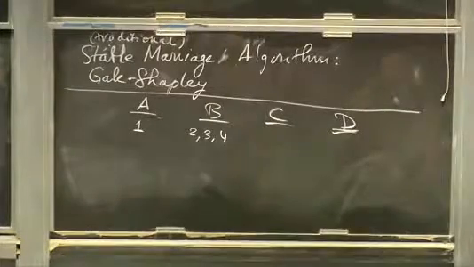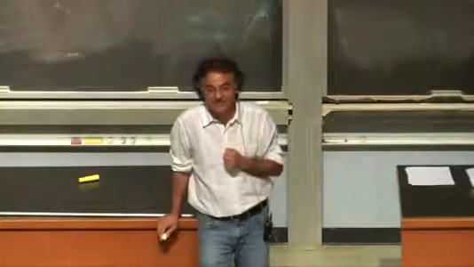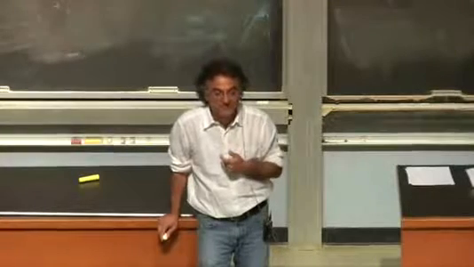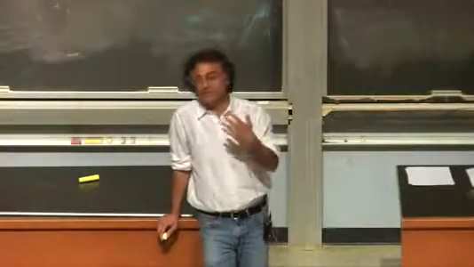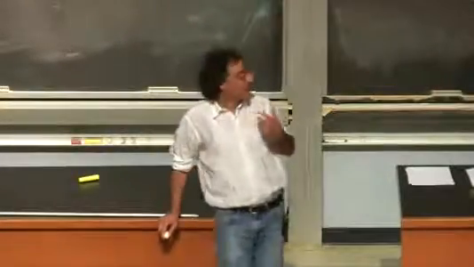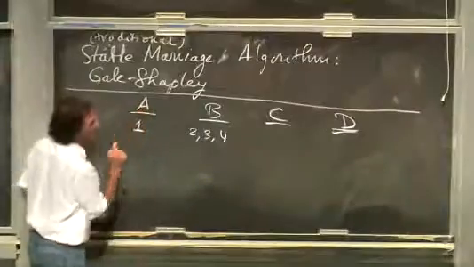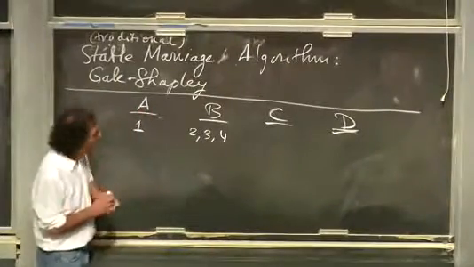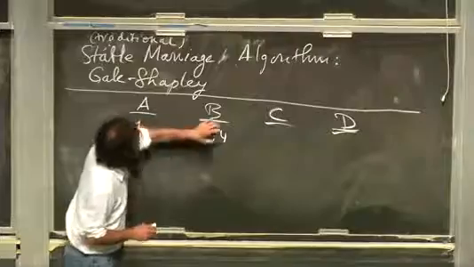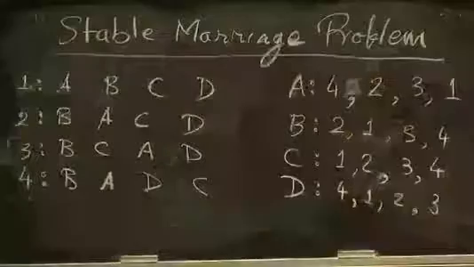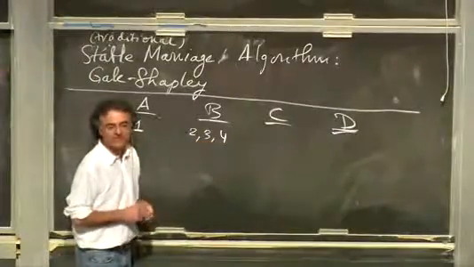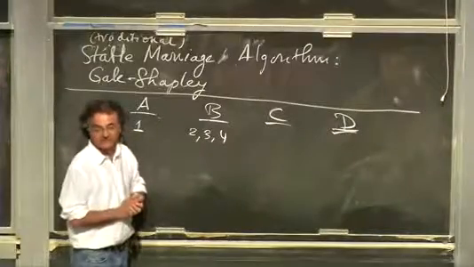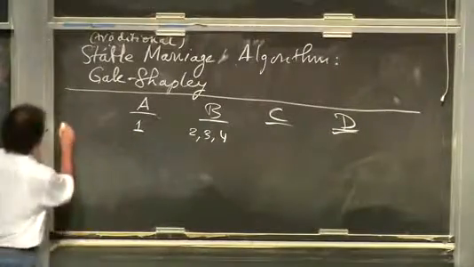The woman says, maybe, come back tomorrow. At this point, the technical term is she has him on the string. So A says to 1, maybe, come back tomorrow. B has a choice. B has 2, 3, 4, so she looks at her list, and 2 dominates 3 and 4. So she says to 2, maybe, come back tomorrow. To 3 and 4, she says, never, just go away. So that's day 1.